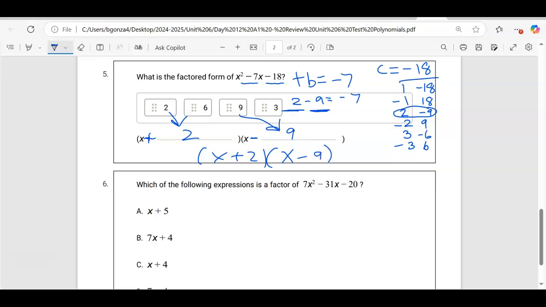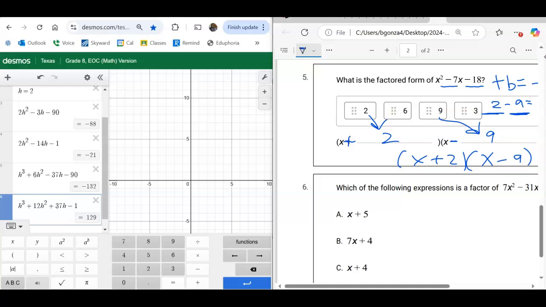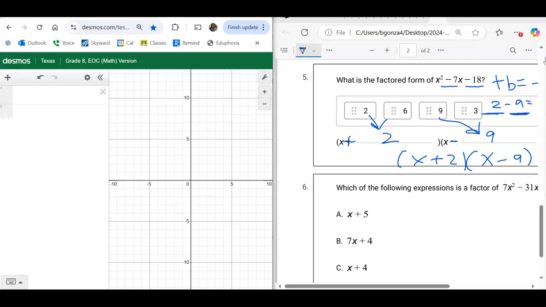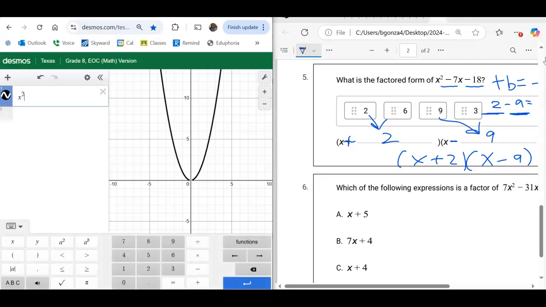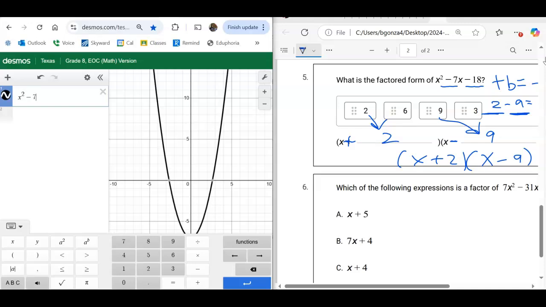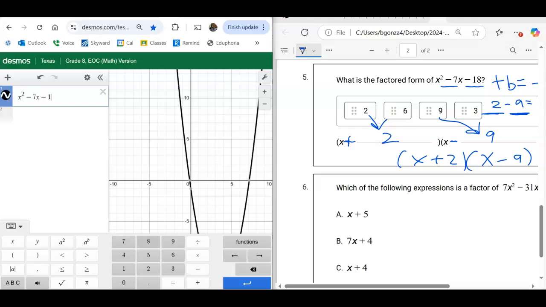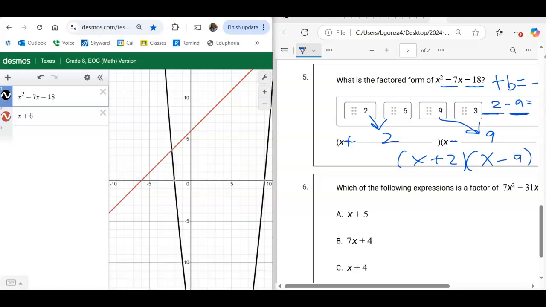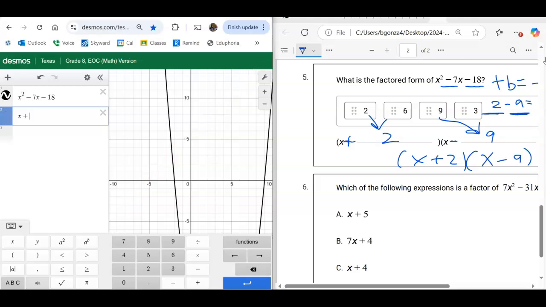Okay, now the other way you could have done this is by graphing the original here, and then you had an x plus, you could have tried 2, and you would have seen it right there, boom. You could have tried 6, doesn't work, it doesn't have the same x-intercept. You could have tried 9, that does not have the same x-intercept.